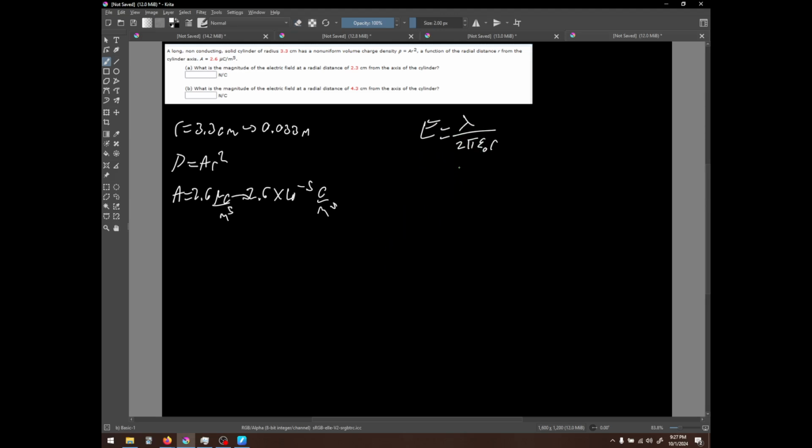This should be the equation we use, we just don't know that. There's an equation I have, but it's to do with a sphere, not a cylinder. This is the one I have for a cylinder.